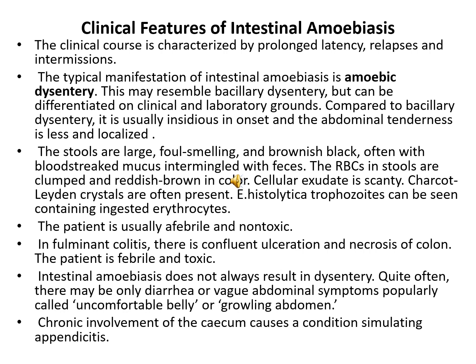Mostly it leads to diarrhea or vague abdominal symptoms, called uncomfortable belly or growling abdomen. Chronic involvement of the caecum causes a condition simulating appendicitis in some patients. So these are the clinical features of intestinal amoebiasis.